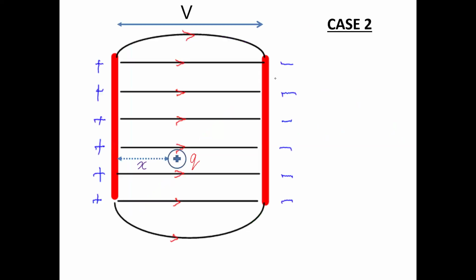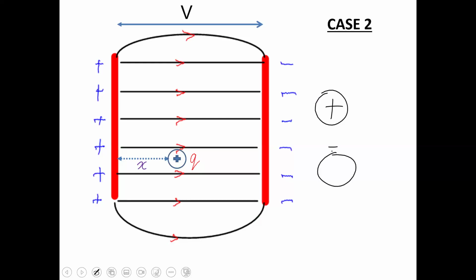Now let's move to our next case. This is case number 2. We have placed a positive charge. It's called a point charge. How do we know it's a point charge? The positive is at the center. If the positive charge is at the center like this, it is a point charge.